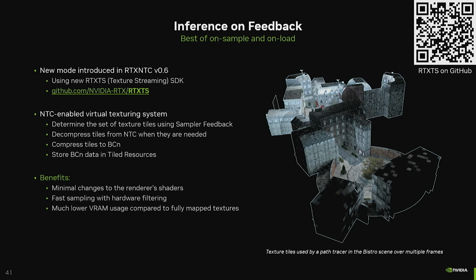And the third mode, like I said, is inference on feedback. The idea here is that we integrate NTC, kind of NTC on load 0.5, into a virtual texture streaming system. If you have a lot of high-resolution textures in the game, you can subdivide them into tiles and only decompress the tiles that you need for a given frame or for a given view.